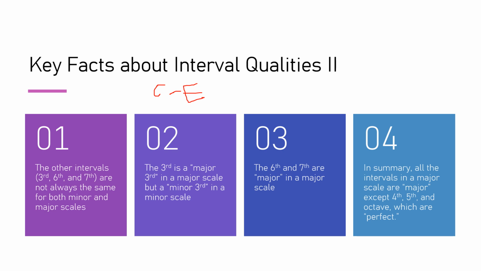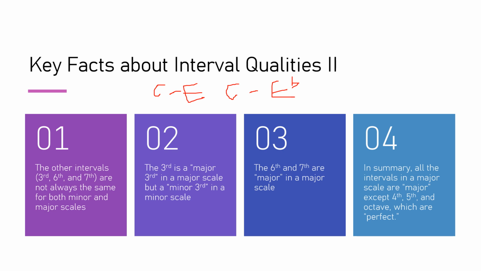But because if you look at it on the scale of C major, C, D, E, because it's on a major scale, it is a major third. But if you look at C minor, C to E flat, all right? C to E flat is also a third, like I told us at the introductory aspect. But this is now a minor third because it's on a minor scale. So the third for a major scale is a major third. The third for a minor scale is a minor third.